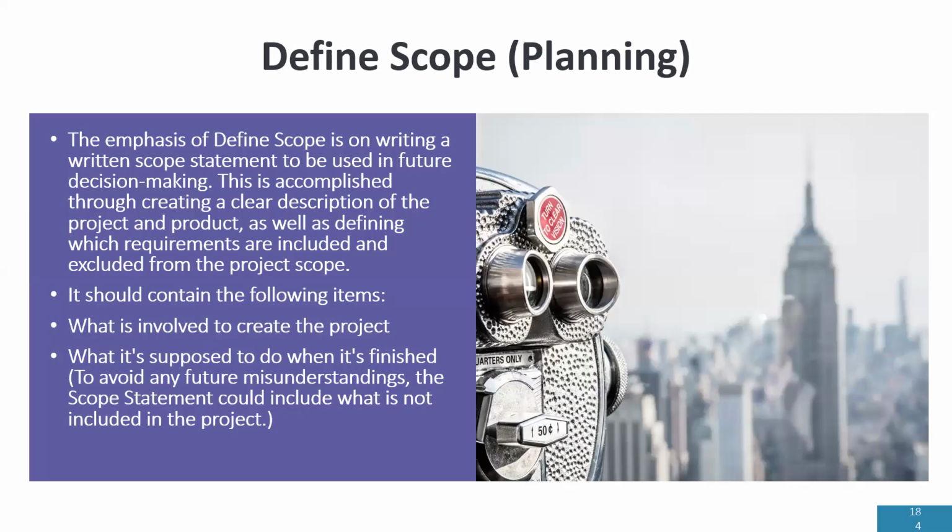So let's go to the next process, define scope. So what's the job of define scope? Now, the define scope process is majorly to determine what is in scope and what is out of scope.